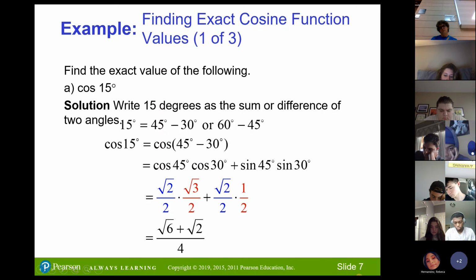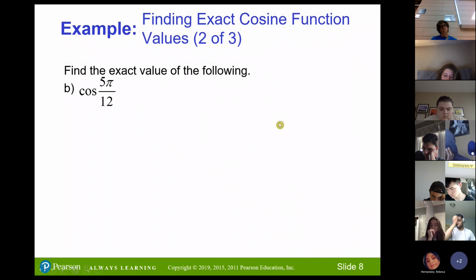And next. All right, you try this one. Find the exact value of the following. Now, I would find out where I am, and then I would just use that.